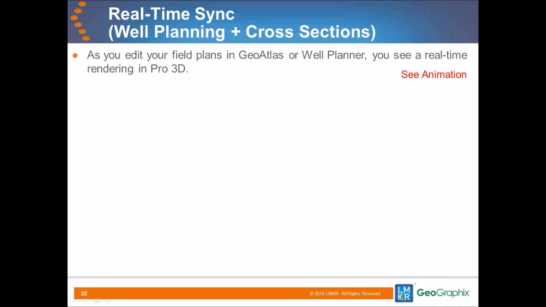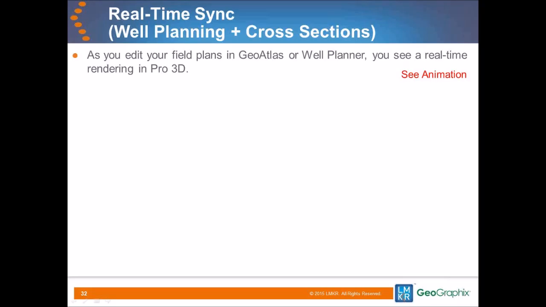So here, this is a sort of an interesting view. One of the things that we are able to do within the 3D visualization environment and within Pro 3D is that we can drape seismic around any 3D object. So here we've draped seismic directly around a highly deviated wellbore.